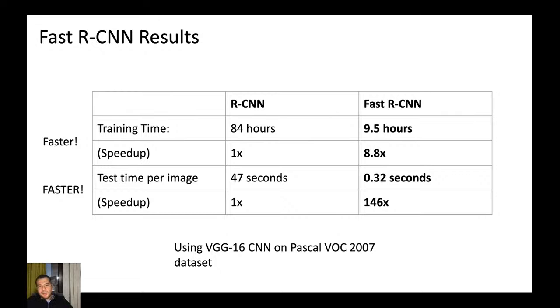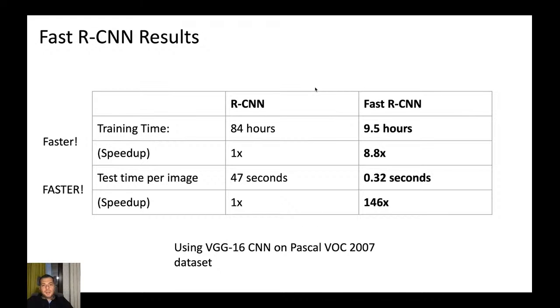And also the test time: for RCNN it takes about 50 seconds per image, which is quite a lot, and for Fast RCNN it's about 0.3 seconds per image. But this is the speedup of the framework without including the region proposal.